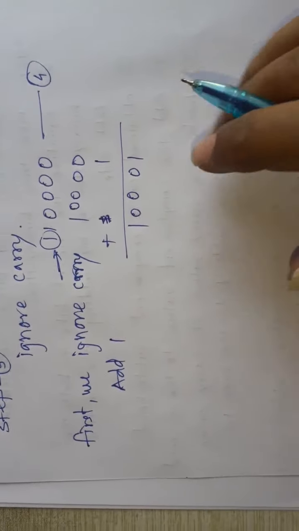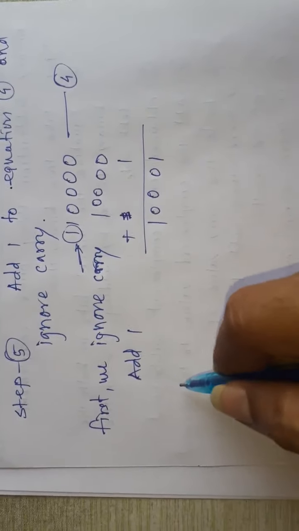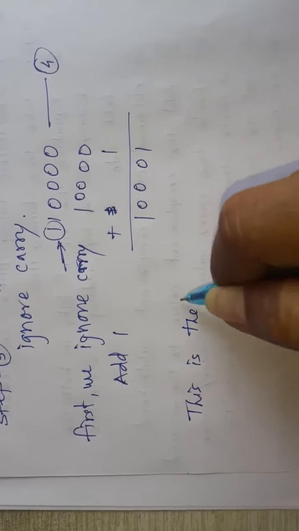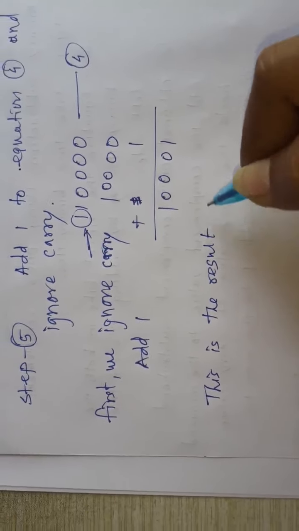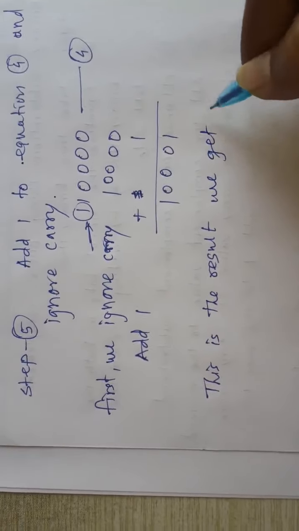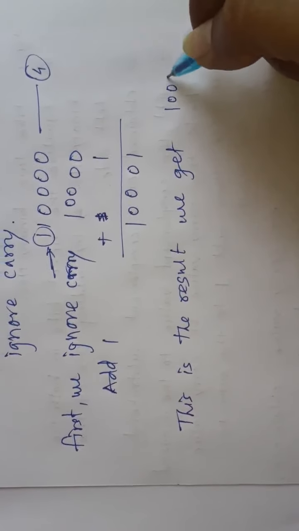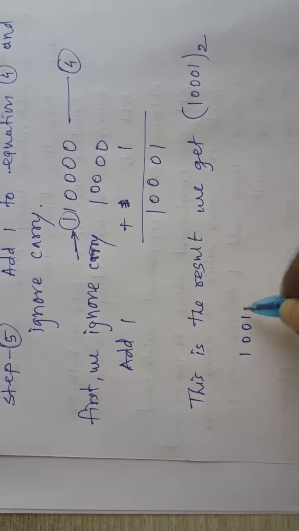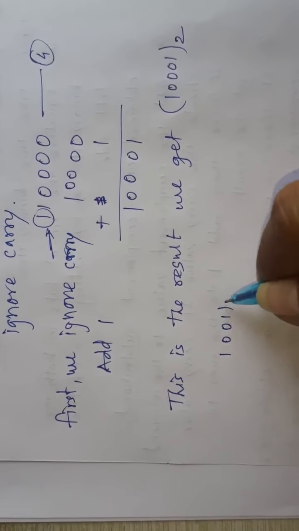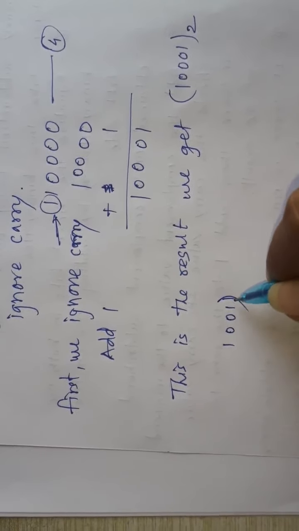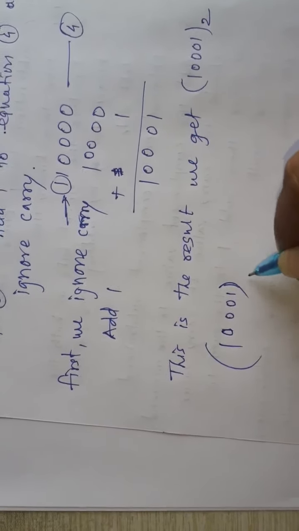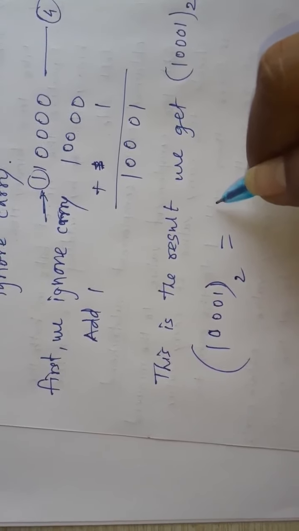This is the result we get: 1 0 0 0 1. What does it mean? 1 0 0 0 1 means 17.